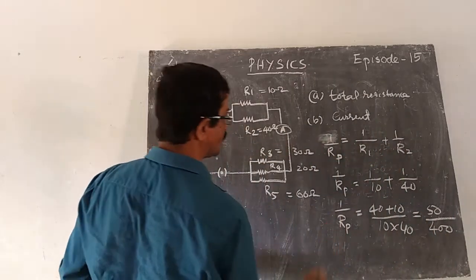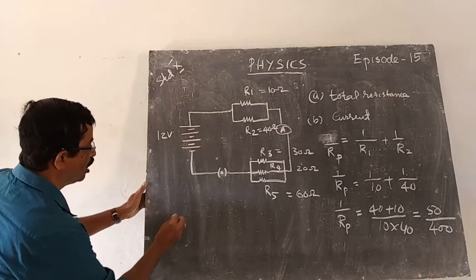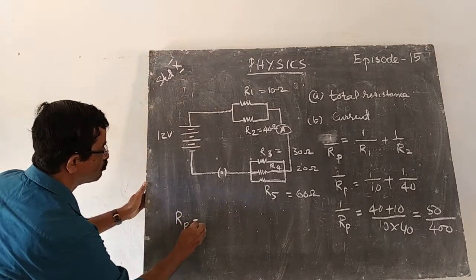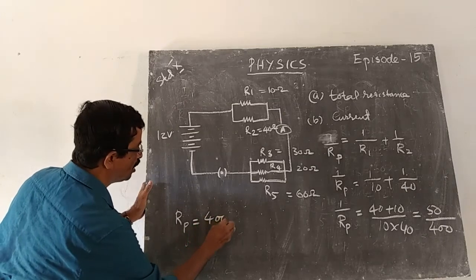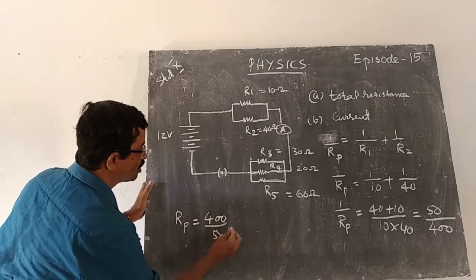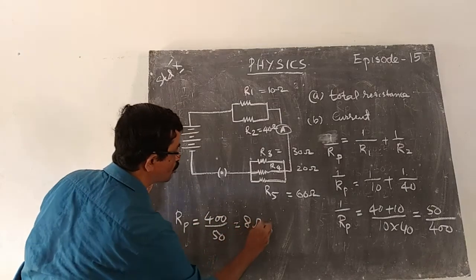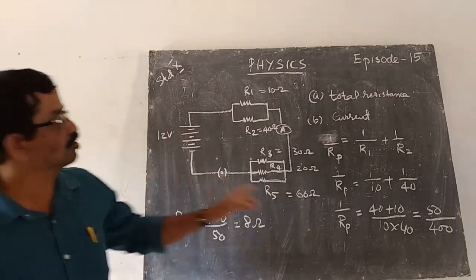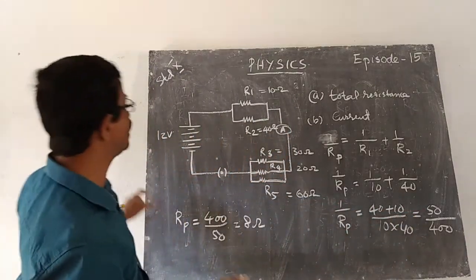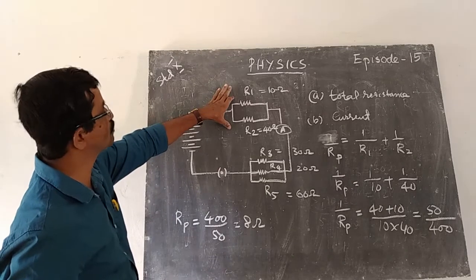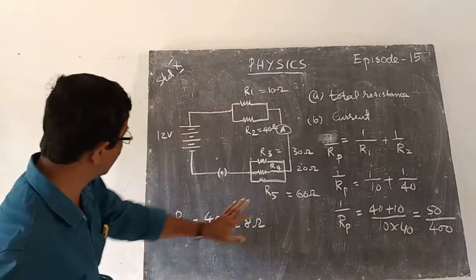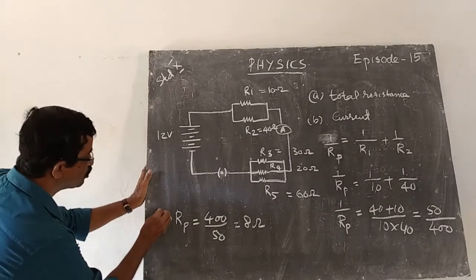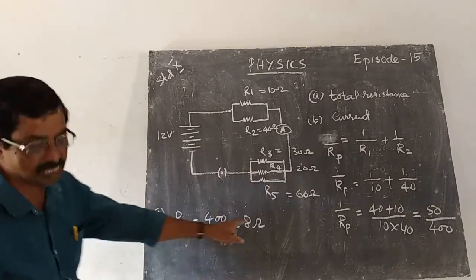Now we take the reciprocal, so Rp is 400 divided by 50, that is equal to 8 ohm. That means the effective resistance of these two is 8 ohm.